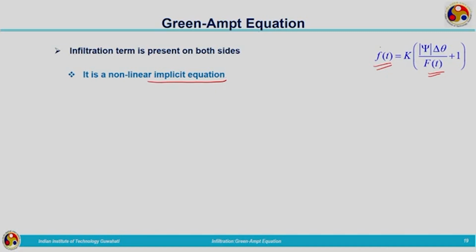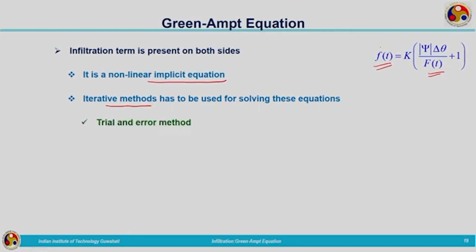For that, we may have to go for some iterative methods to solve these equations. Some methods are trial and error method, Newton-Raphson method and successive approximation method. Any of the methods from mathematics for solving these types of implicit equations can be utilized for getting the solution of these equations.